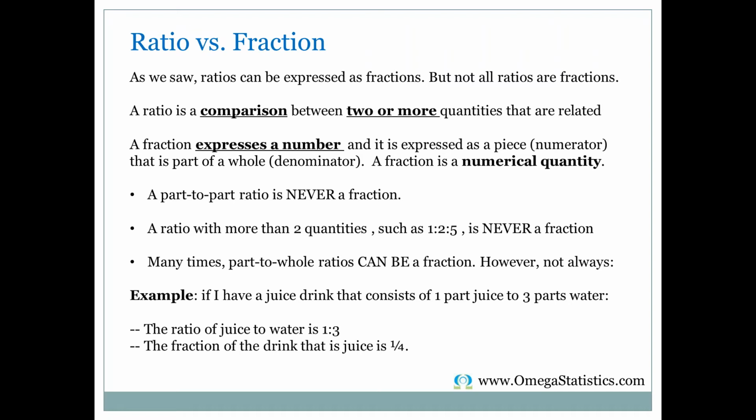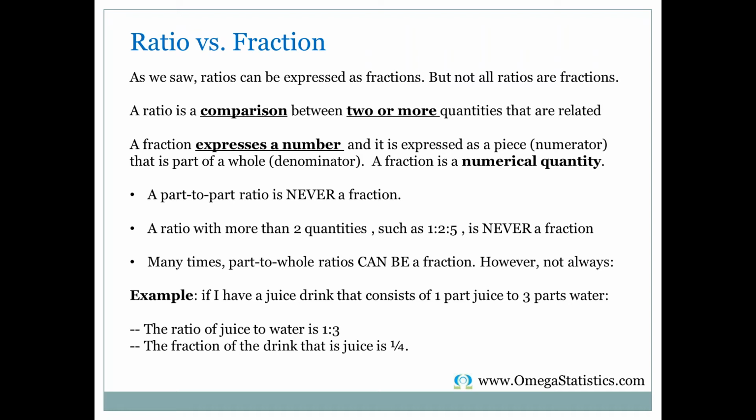Or it's a nice summer day here today, maybe this weekend I'll mix a little cocktail, and it might have more than 3 ingredients. So I'll have 2 parts gin, 4 parts tonic, and 1 part lime, something like that. So it can have more than 2 quantities in a ratio.